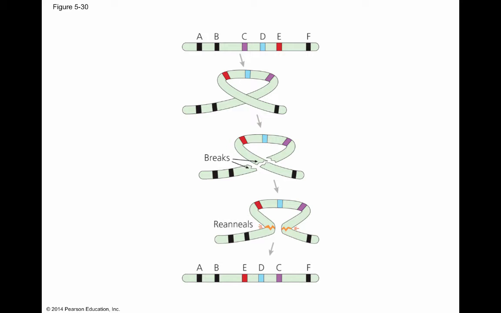Now, if you have an individual with this new order try to mate with an individual in this order, it creates problems during meiosis. When the two copies of the chromosomes line up during meiosis, they no longer match one another very well. So this can actually cause reproductive problems during sexual reproduction in the next generation.